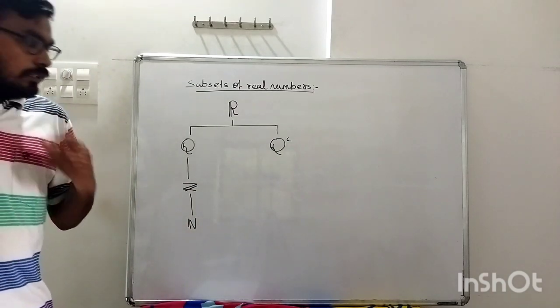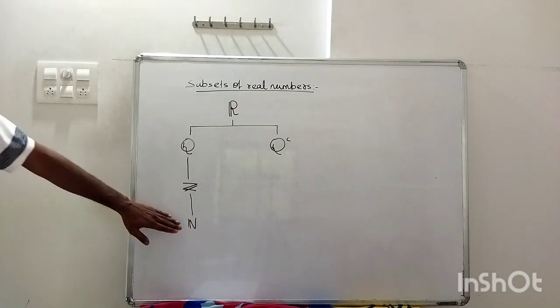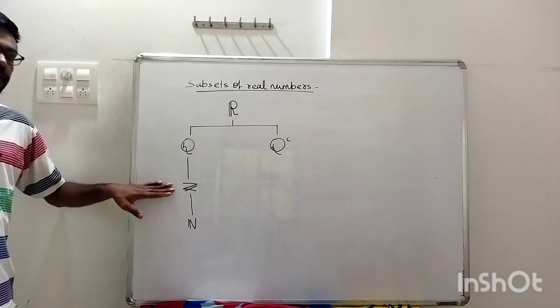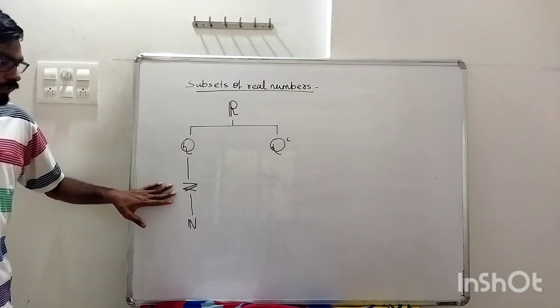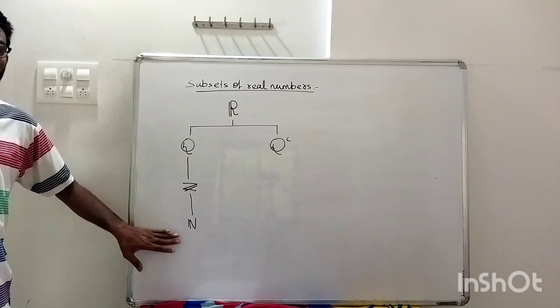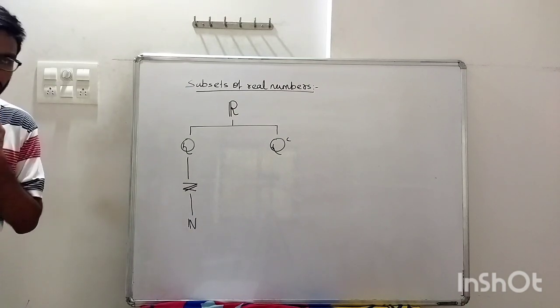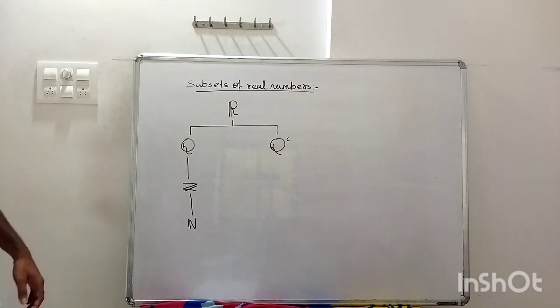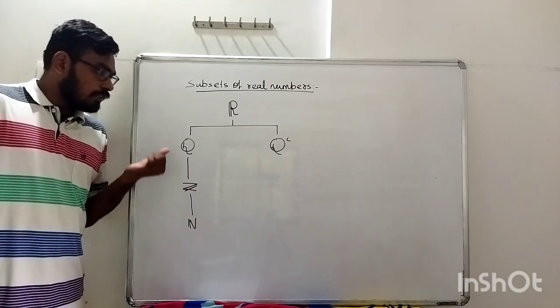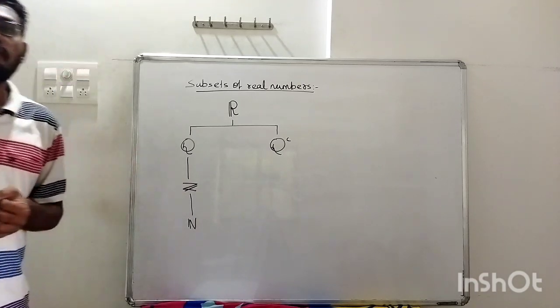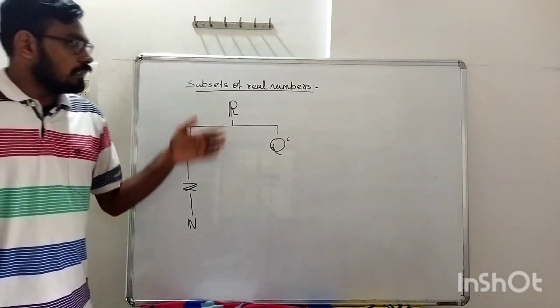So every natural number is an integer, correct? Similarly, every integer can be written as a rational number, and every rational number is a real number.